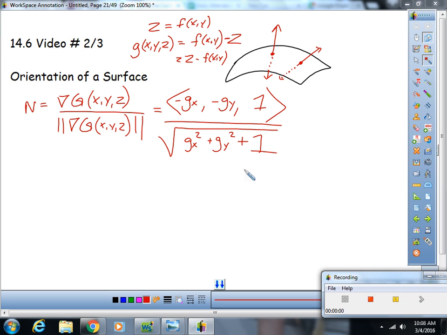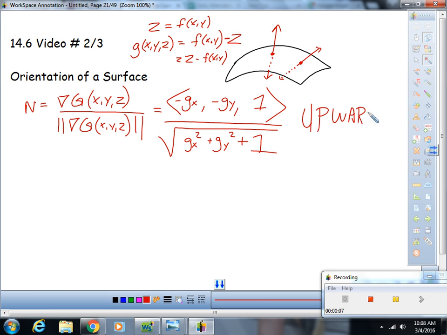Okay, so this is the upward oriented unit normal vector. To get the downward one, you just simply switch the sign.